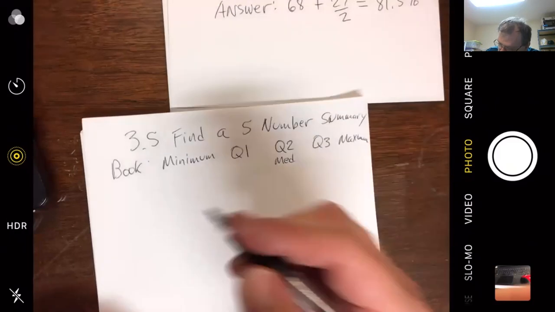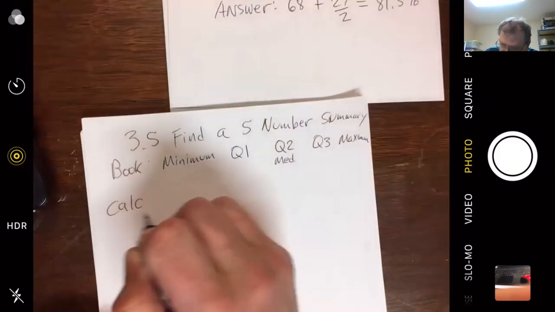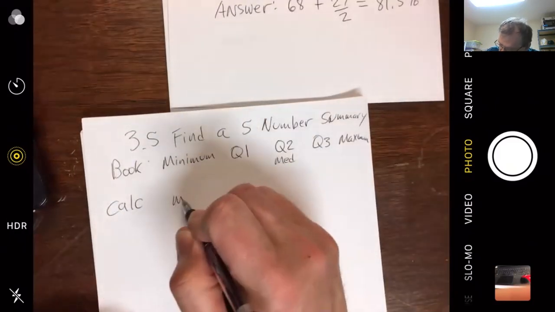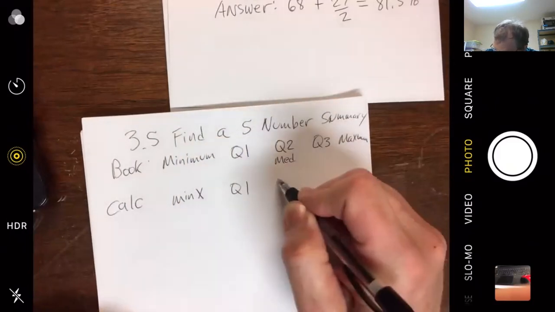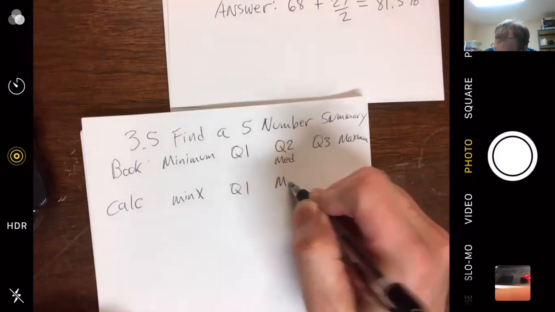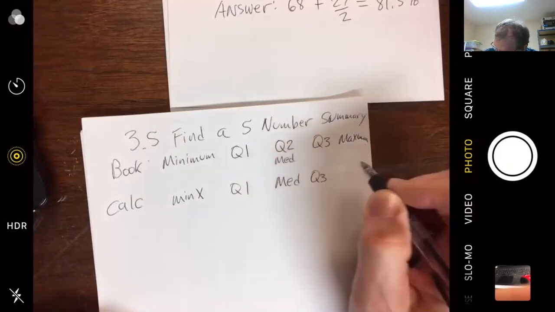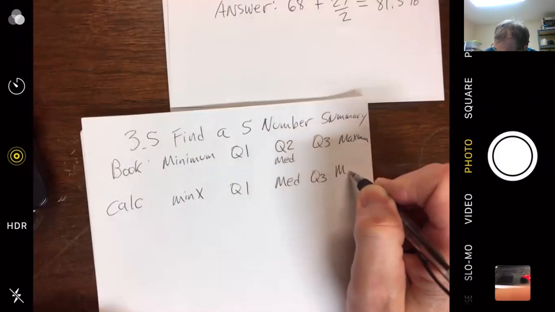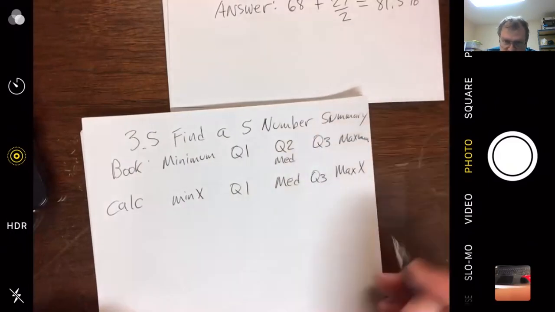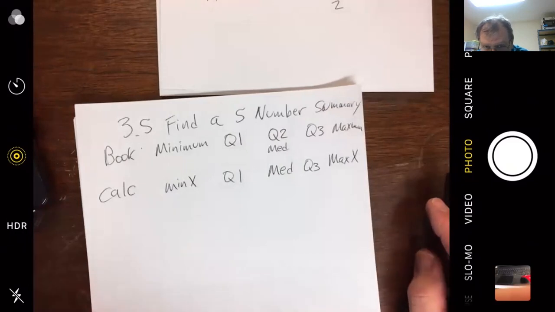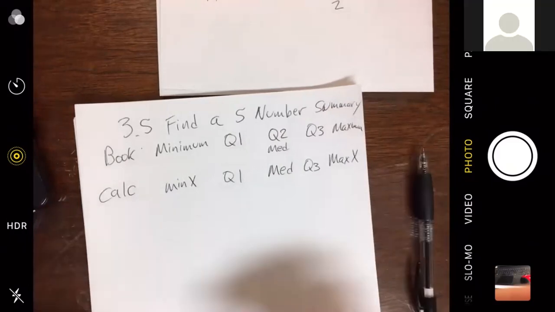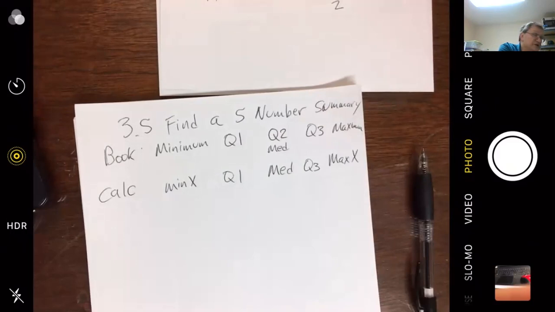It's right on the calculator, second page. They call this min X, Q1, median, Q3, and max X, like TJ Maxx. Did you want to see an example? Do you want me to punch in a set of data? Yes, please.